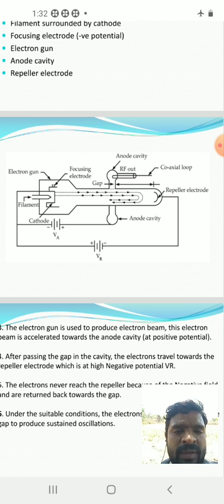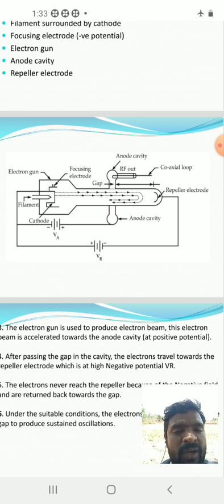By Coulomb's first law, like charges repel and unlike charges attract. Here the electrons are negative charges and the repeller electrode is also negative, at very high voltage, so the electrons are returned back towards the anode cavity. So the forward electron beams and reverse electron beams combine to produce sustained oscillation.